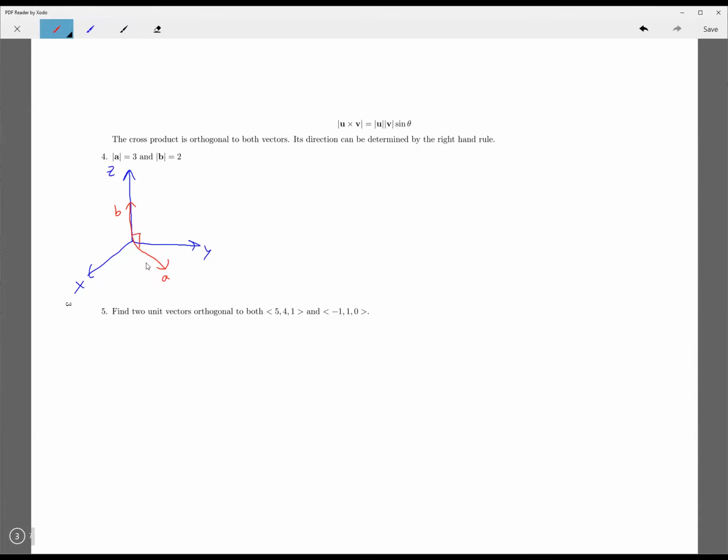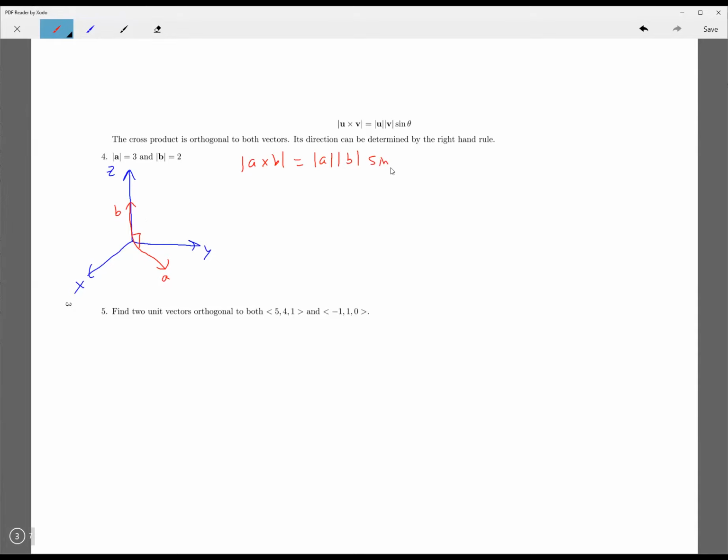That means that these are orthogonal to each other. And there's this formula right here that A cross B is equal to the magnitude of A times the magnitude of B times the sine of the angle between them.